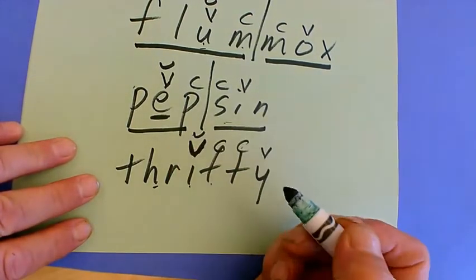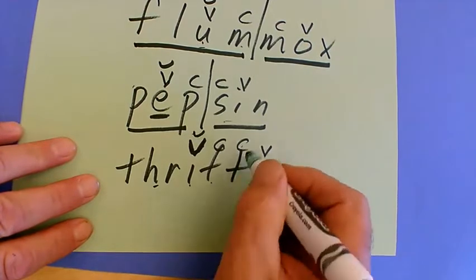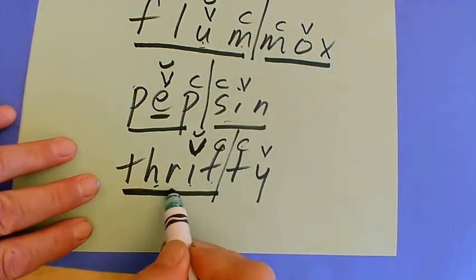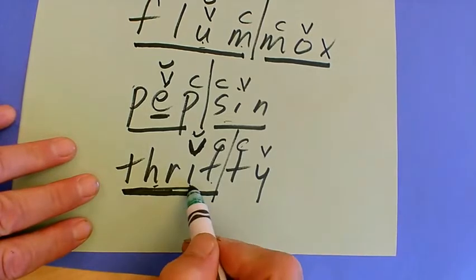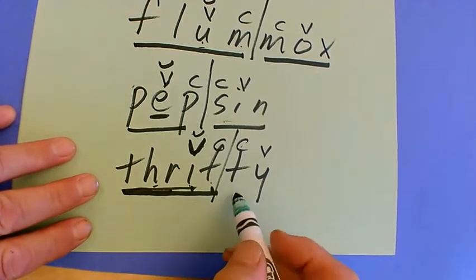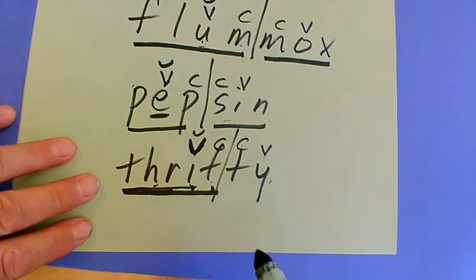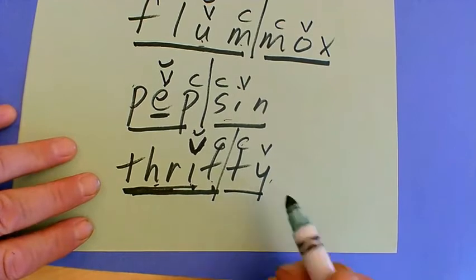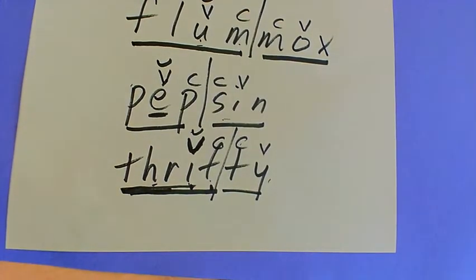Absolutely, it's going to be short. Divide it after the first consonant, that's the F. First syllable has a lot of letters, thr-ift, thrift, and Y at the end can be E or I. So thrifty. Thrifty, and that's how this pattern works.